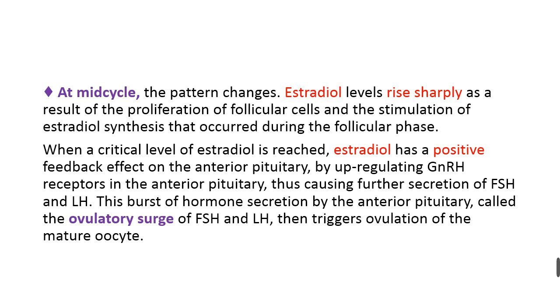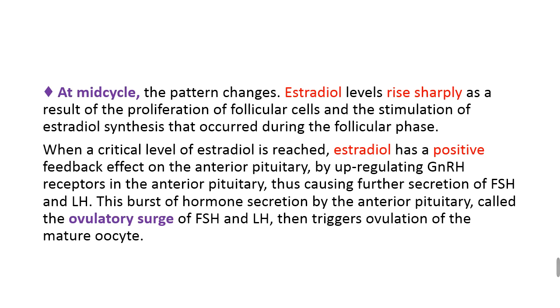At mid-cycle, the pattern changes. Estradiol level will rise sharply as a result of proliferation of follicular cells and the stimulation of estradiol synthesis that occurred during the follicular phase.